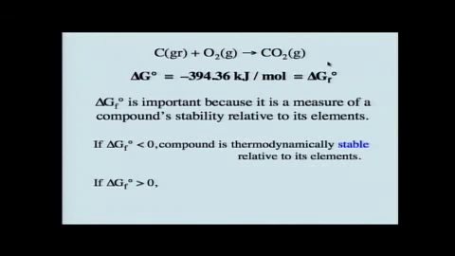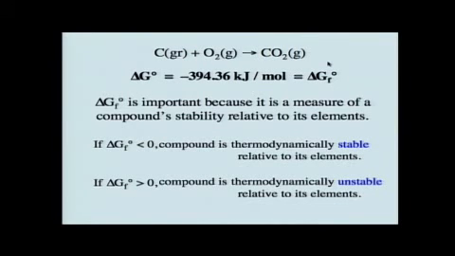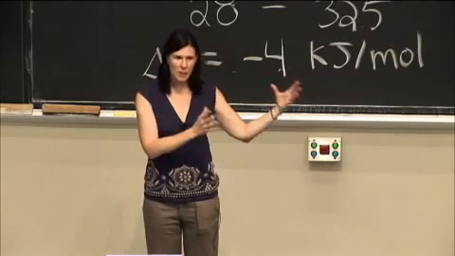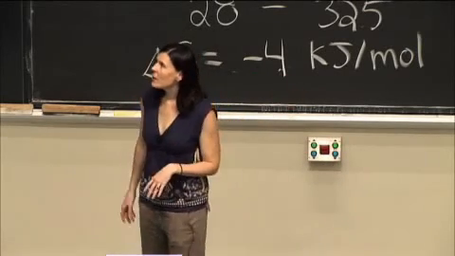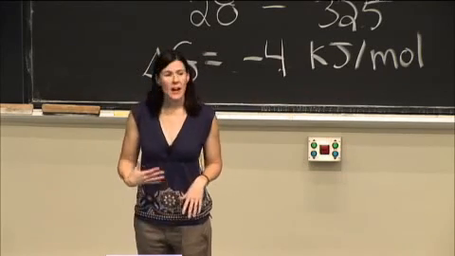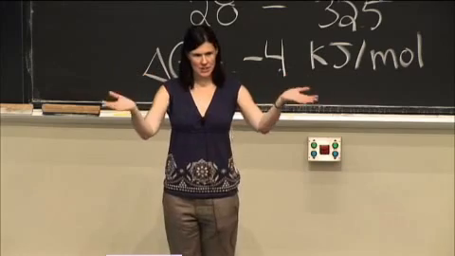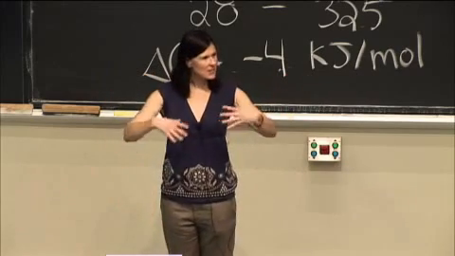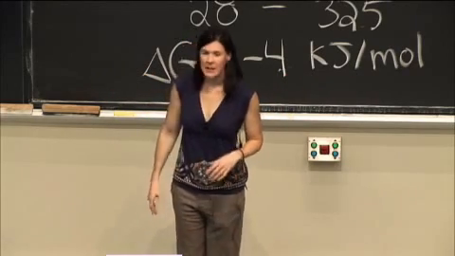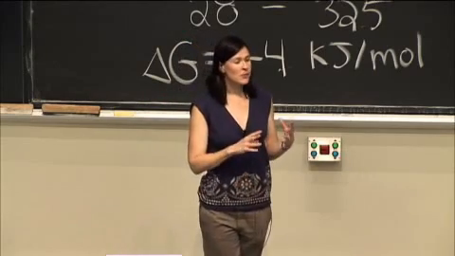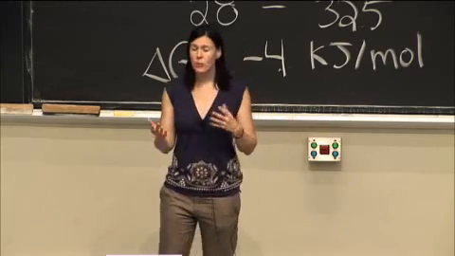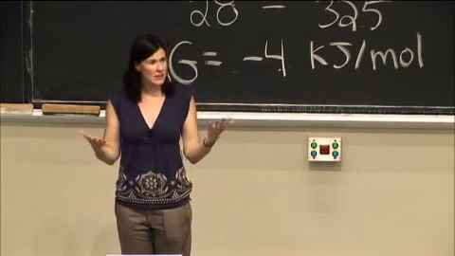Conversely, if delta G of formation, which is just delta G of the reaction where the compound is formed, is greater than 0, then the compound is thermodynamically unstable relative to its elements, because instead of releasing energy in that reaction, you have to put energy into that reaction in order to make it happen. So delta G of formation can give us an indication of whether we have a stable or an unstable compound.